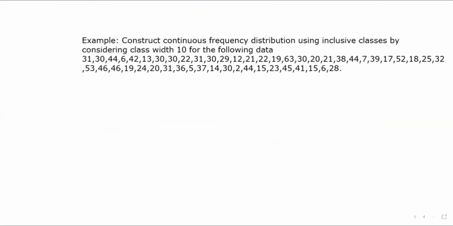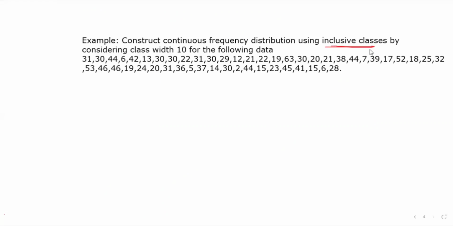I hope it is clear. Now we are going to discuss some more examples on continuous frequency distribution. It is a different kind of example compared to the last one. Construct a continuous frequency distribution using inclusive classes, right? They mention which type of class interval you should consider, that is inclusive class interval.